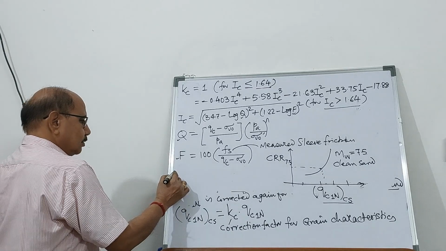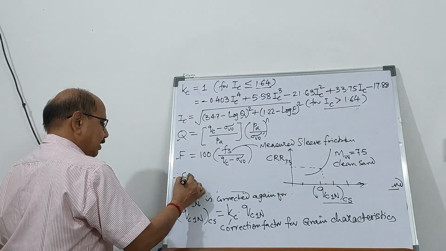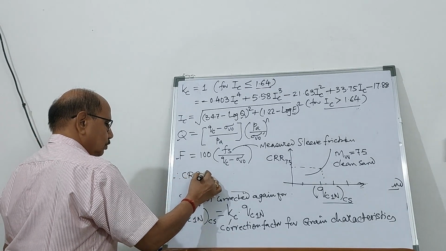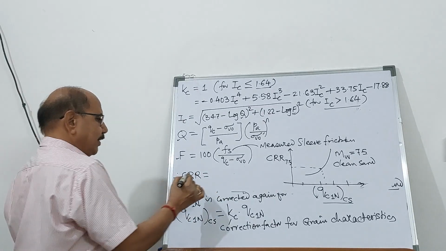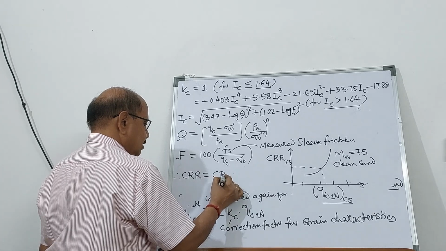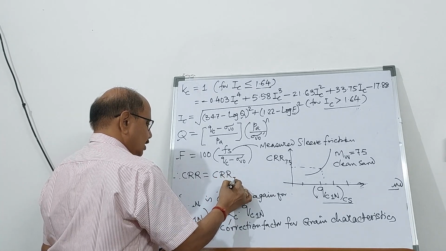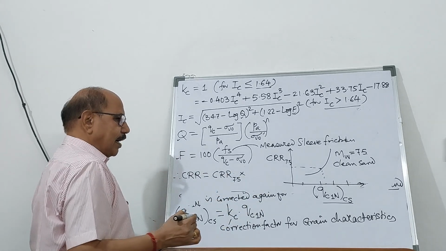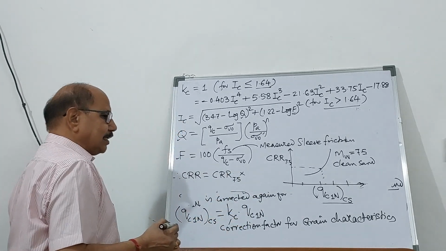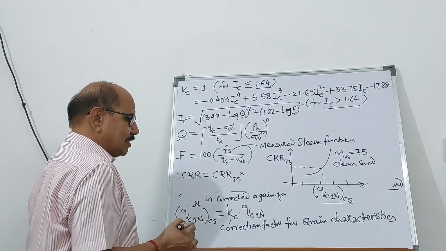Now therefore, cyclic resistance ratio for any magnitude will be cyclic resistance ratio for 7.5 magnitude of earthquake multiplied by the scale factor, which is called MSF.